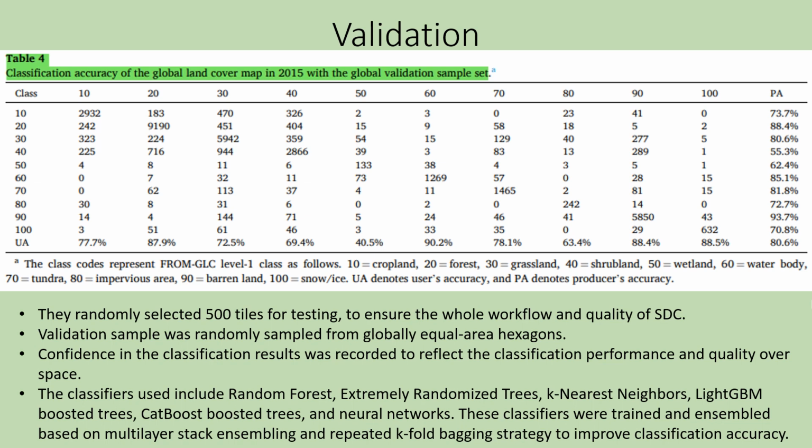They used random forest, extremely randomized trees, K nearest neighbors, boosted trees, CatBoost trees, and neural networks. And these were all assembled and stacked together to create a more streamlined workflow of the SDC and increase accuracy.